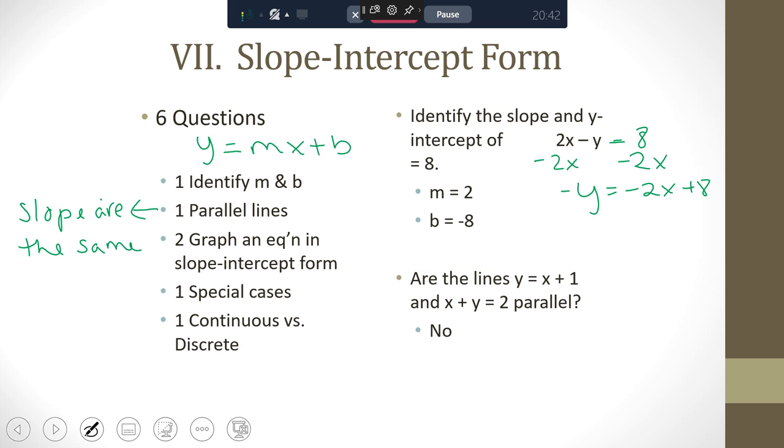Then you divide by whatever's in front of y, in this case negative 1. So I divide everything by negative 1 and get y equals positive 2x minus 8. And that's how I get my m being 2 and my b being negative 8.